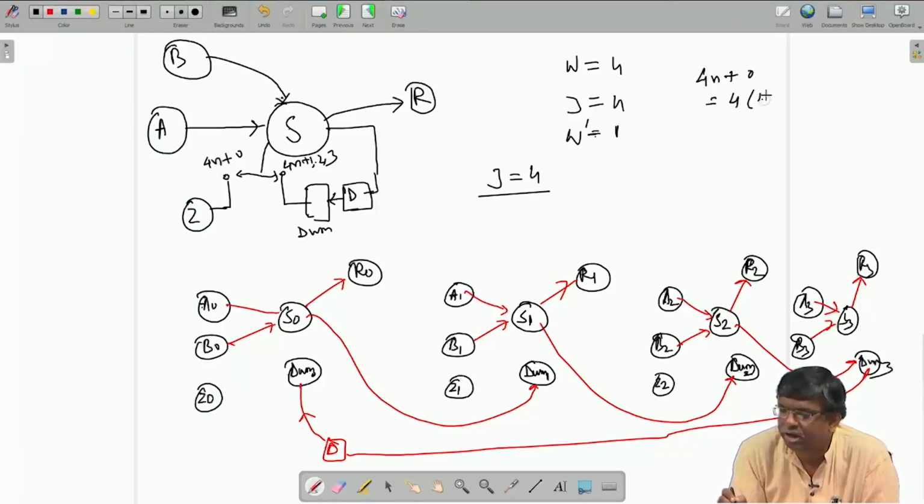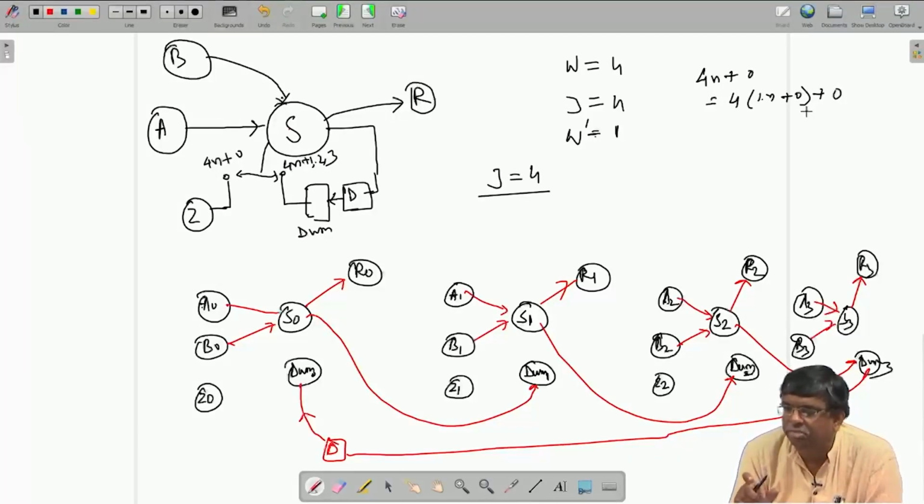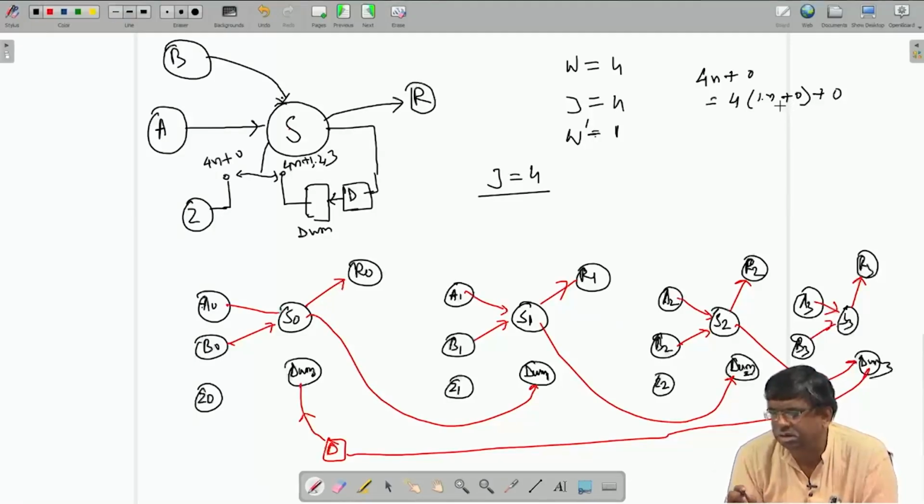So, 1 into n plus 0 by 4 0 plus 0. Now, nth wat cycle is the same as nth digit cycle, because all the 4 bits are made parallel. So, the whole wat cycle is the digit cycle, and nth wat cycle has only one digit cycle, which is the nth.